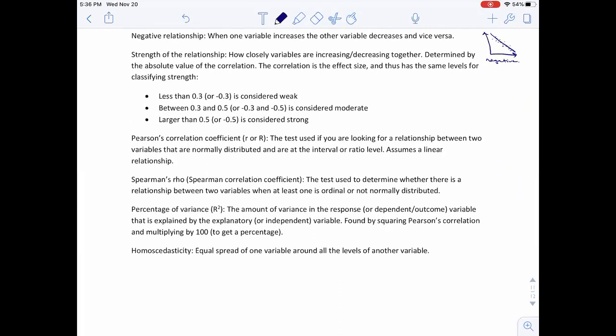What that translates to is that we have a linear relationship. So R is only appropriate if you're looking at the relationship between two variables from one sample that have a linear relationship.